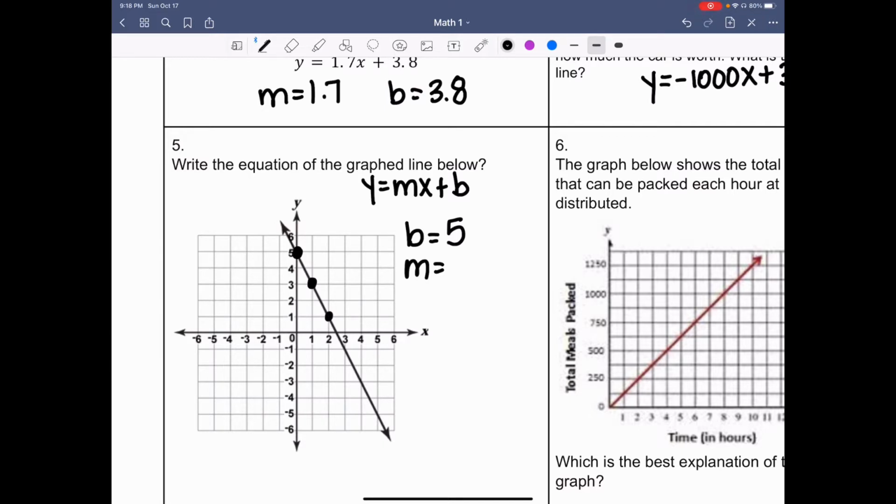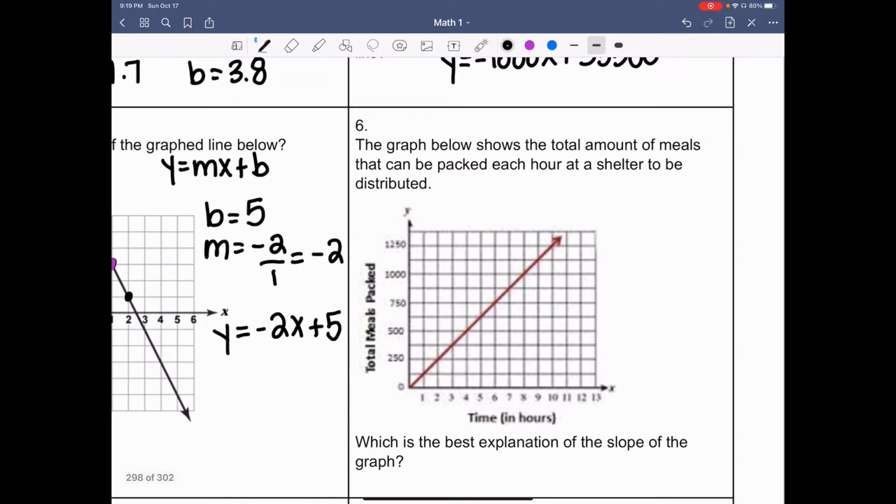The only thing that you've got to remember is if you pick a point that needs to be simplified, please make sure you do so. So we're going to go down 2, so that's going to be negative 2, and then right 1, so that's positive 1. So my slope in this problem is going to be negative 2 over 1, or just negative 2. So y equals negative 2x plus 5.